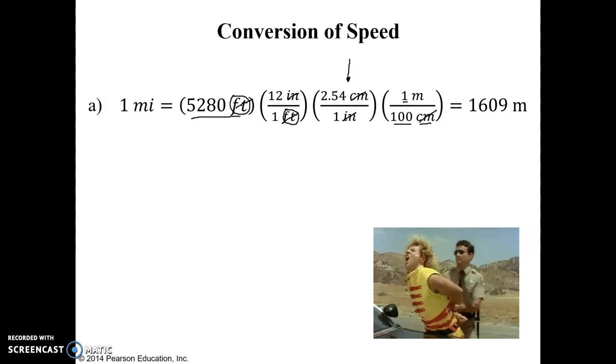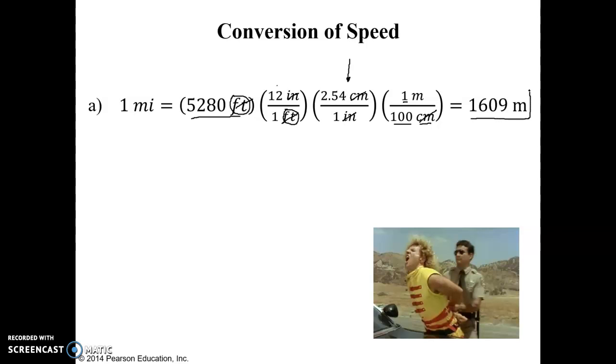So we started with feet, put feet on the bottom, related that to inches, put inches on the bottom, related that to centimeters, centimeters on the bottom, and finally we've got to meters. So 1 mile is equivalent to 5,280 times 12 times 2.54, and then divide by 100.